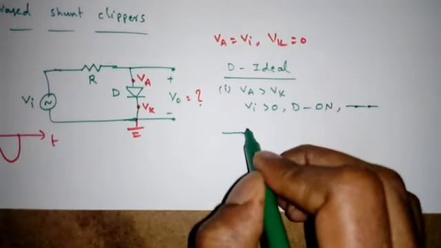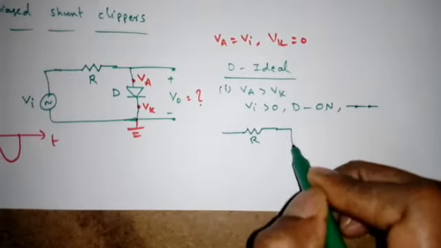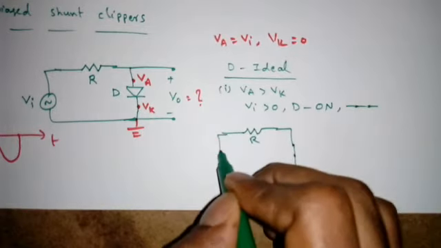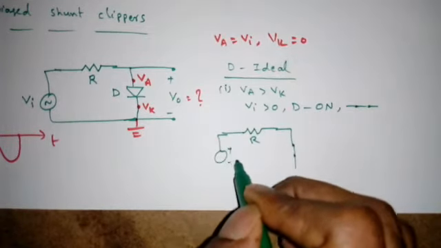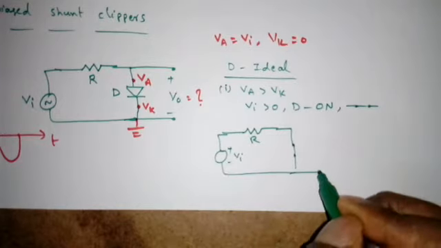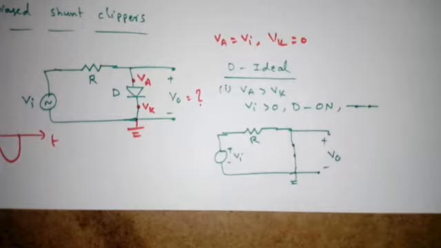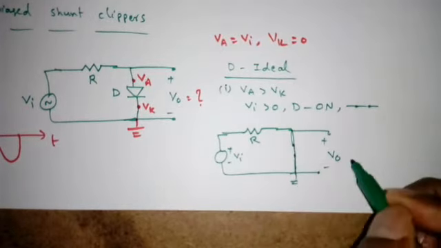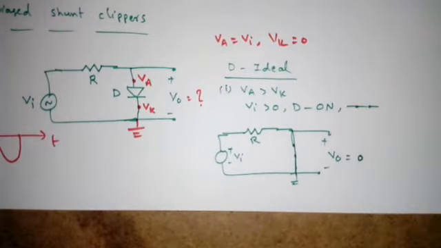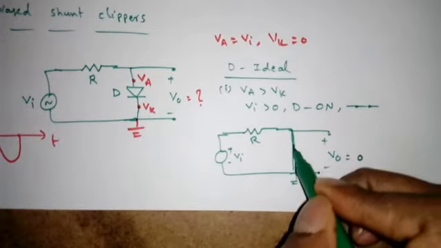Now the circuit will be like this. This is R, this is the short circuit, and this is Vi. Now tell me what is V0. This is the ground, so this is a short circuit. That means V0 will be simply 0 volt, right?